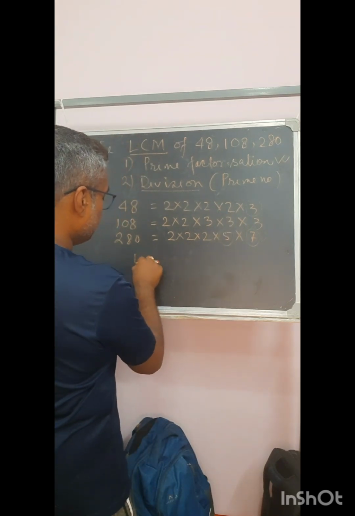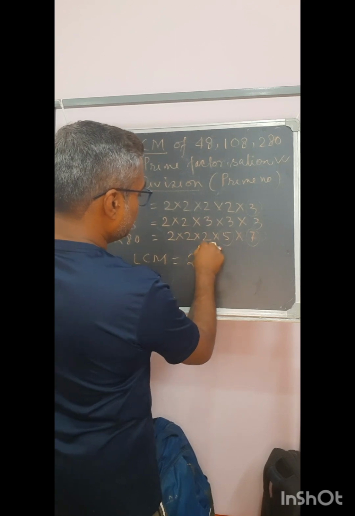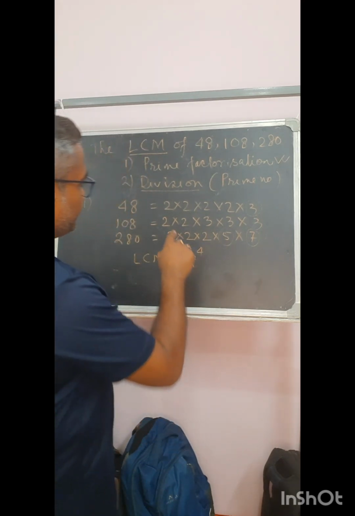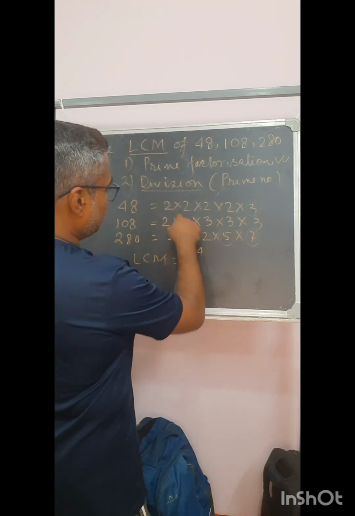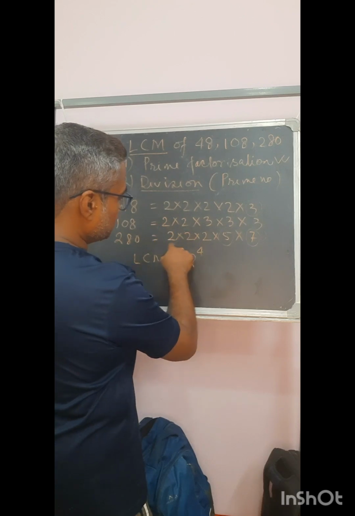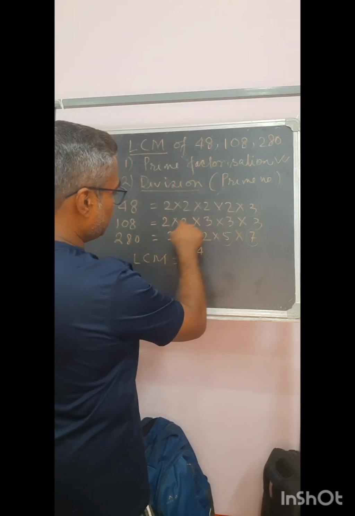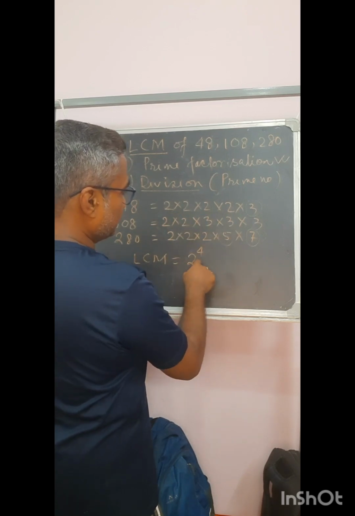The LCM will be calculated by taking the highest power of the primes that are coming in any of these numbers. That means 2 is coming here, 2 is coming here, 2 is coming here, but there it is 2 to the power 4, meaning four 2s are multiplied, there 2 here 3. So the maximum of 2 I can get here, so I will take this one.